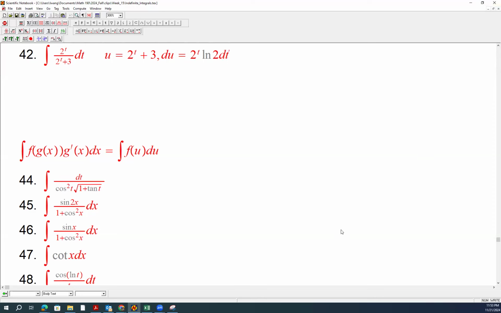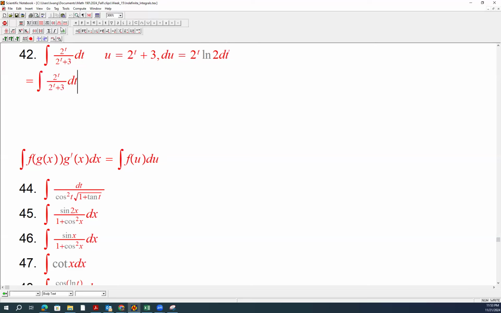Okay, I have an extra constant right there. So let's finish. So this is u, 2 times 2 to the power t dt, solving for that from this relationship.